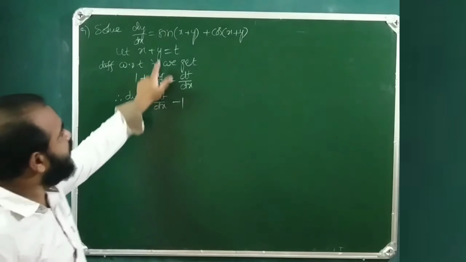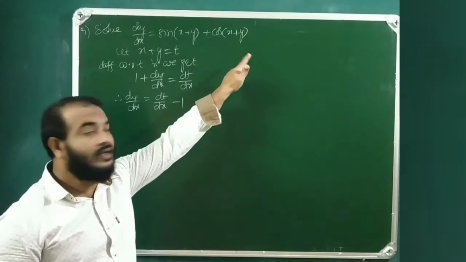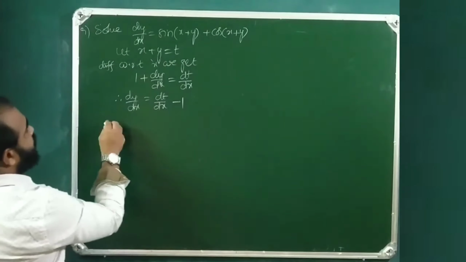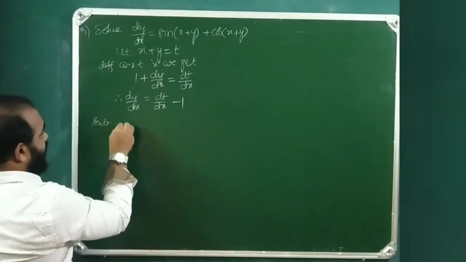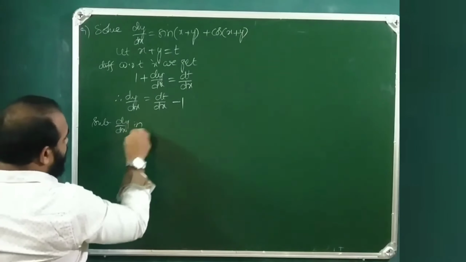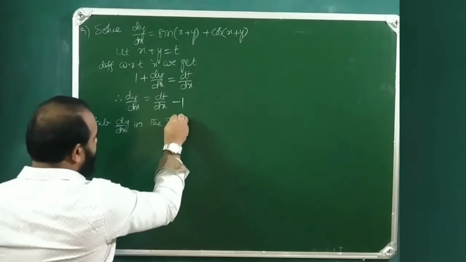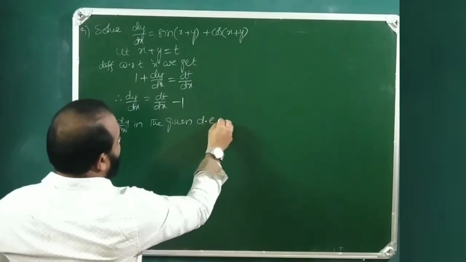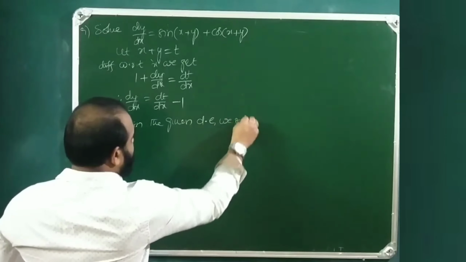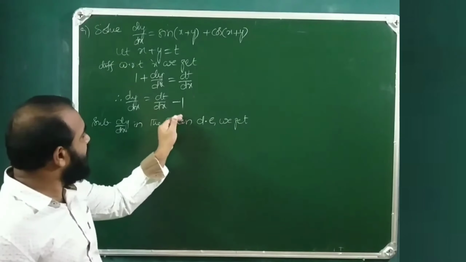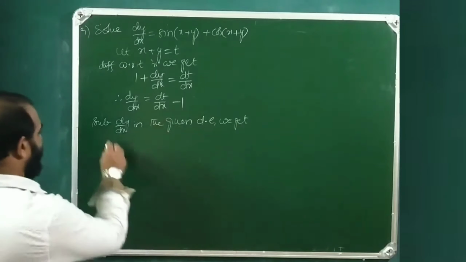Substituting this dy by dx into the given differential equation, dy by dx is replaced as dt by dx minus 1.